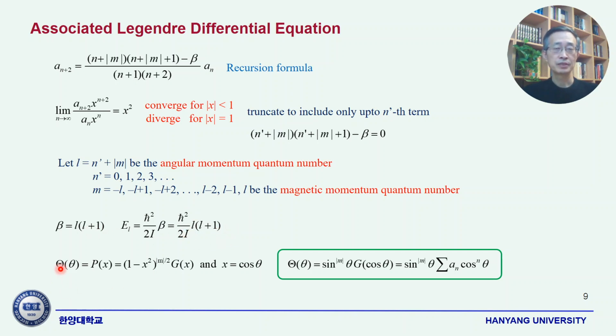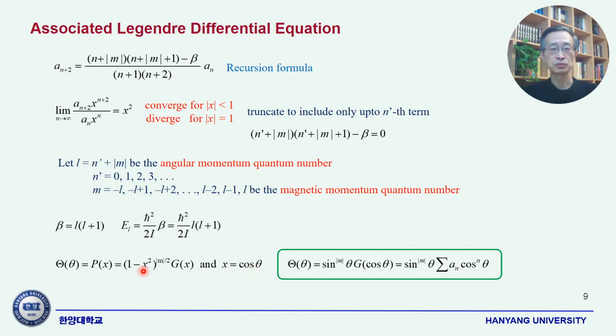Now we go back to assemble theta. Theta was P of X, and at this time we just replace theta with X, where X is cosine theta. Then we did this to make it a regular function: 1 minus x squared to the power of absolute m over 2, times g(x), and we now obtain g(x) in terms of the a_n series, with x the cosine theta.